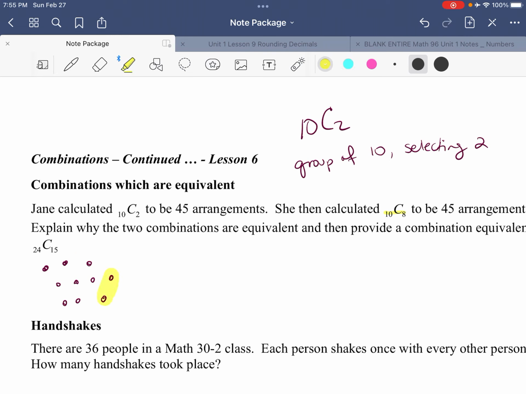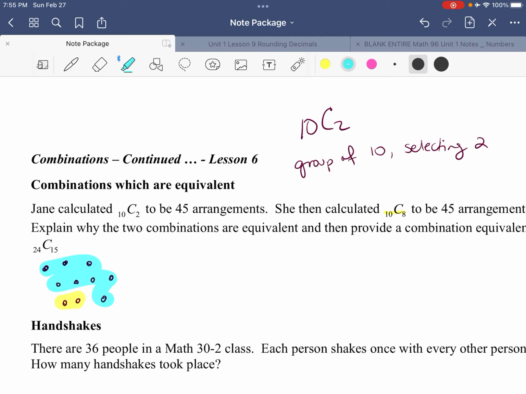Let's select another 2 here. And you'll notice that we've also selected a group of 8 by default as well. Okay, let's try one more time. All right, we'll select those 2, and looky here. We've also selected a group of 8.